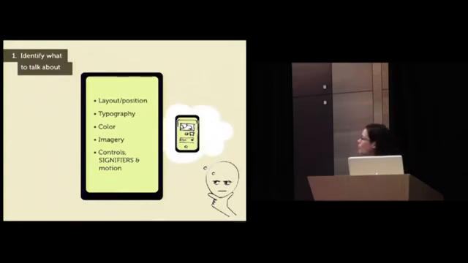Okay, so we know that we want to have a dialogue and we know that we need focus. So what can we do? Well, when I think about interface design, and I think about what we are really talking about, I think about how we can get specific about what we're talking about so that we can be clear that everybody is understanding that we're talking about the same thing.